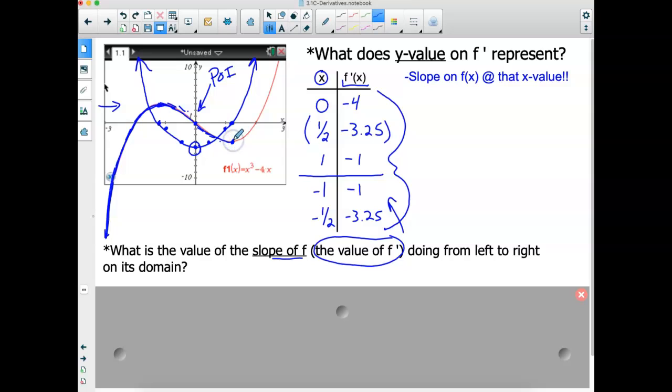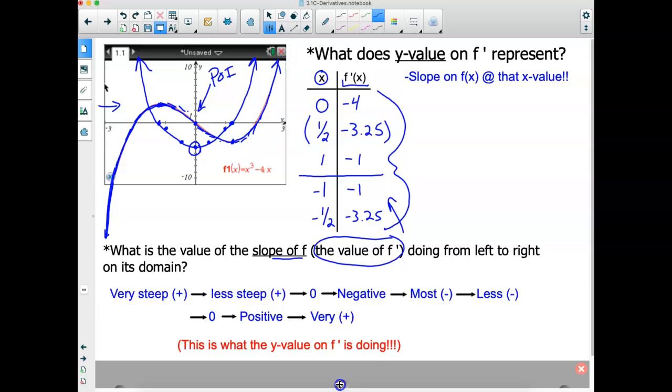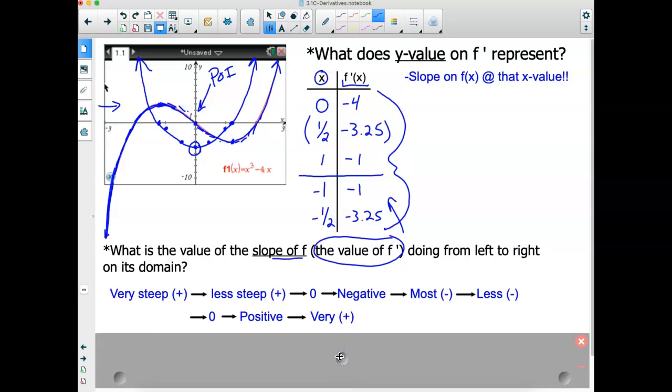And then from that minimum, all these tangent lines turn positive, and they get super positive and super steep. So left to right, my slopes are very steep, then they get less steep until they hit 0, and then right after that 0, my slopes start to turn negative.